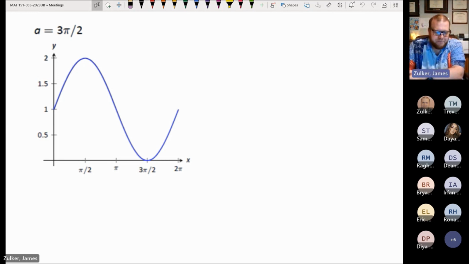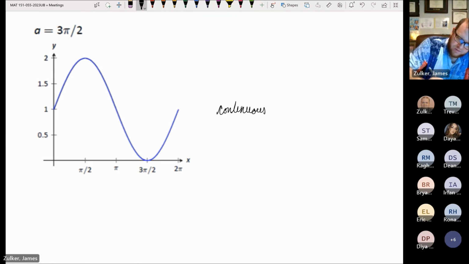Is it defined? It is. It equals 0. Does the limit exist? It does. Is the limit equal to 0? It is. So we are continuous.